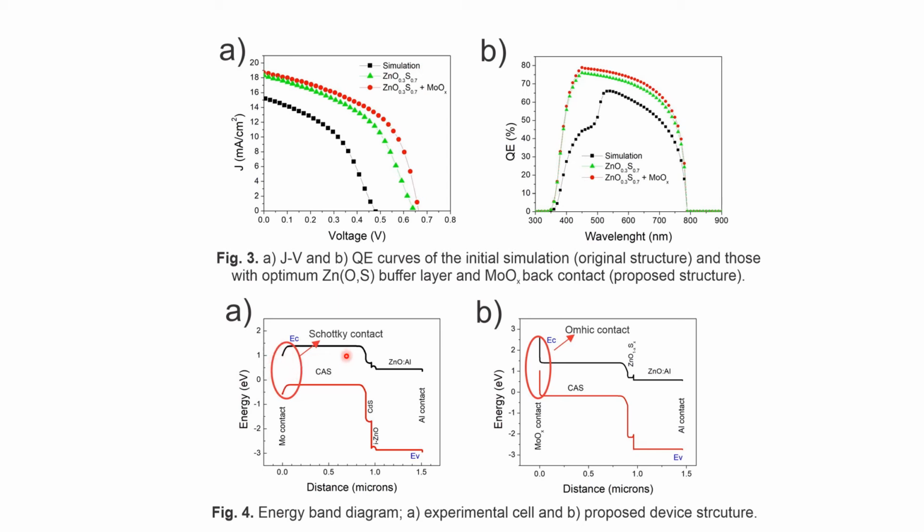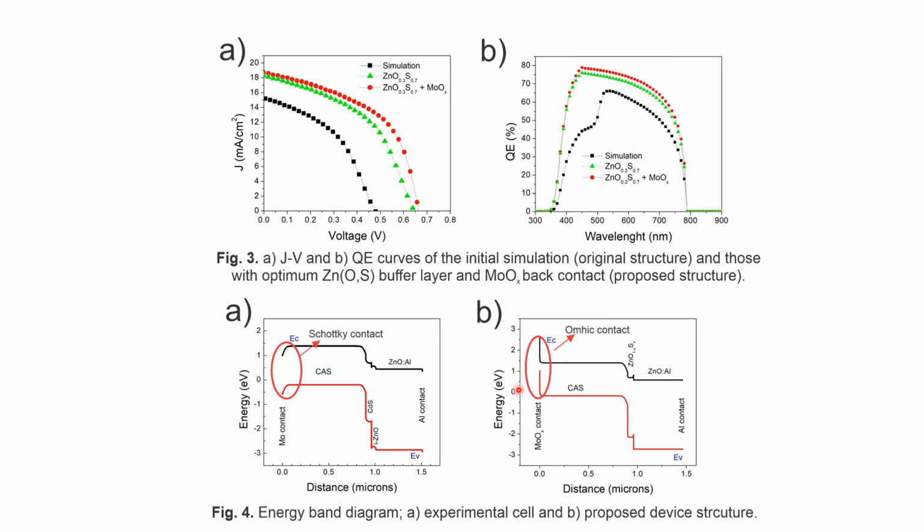Schottky type contact promotes the formation of a barrier for charge carriers. This type of contact is because the calculated work function of our absorber layer is 5.4 electron volts and is higher than the molybdenum back contact work function, only 5 electron volts.